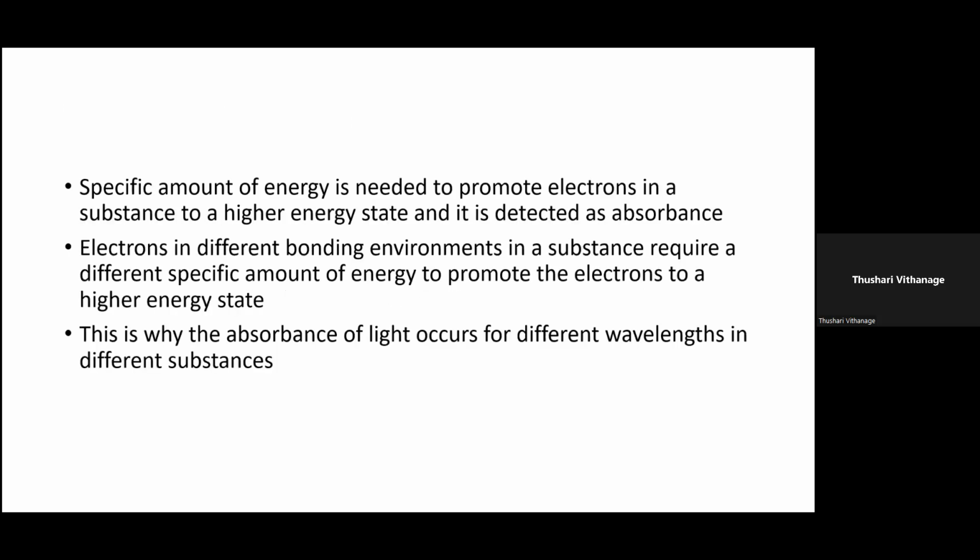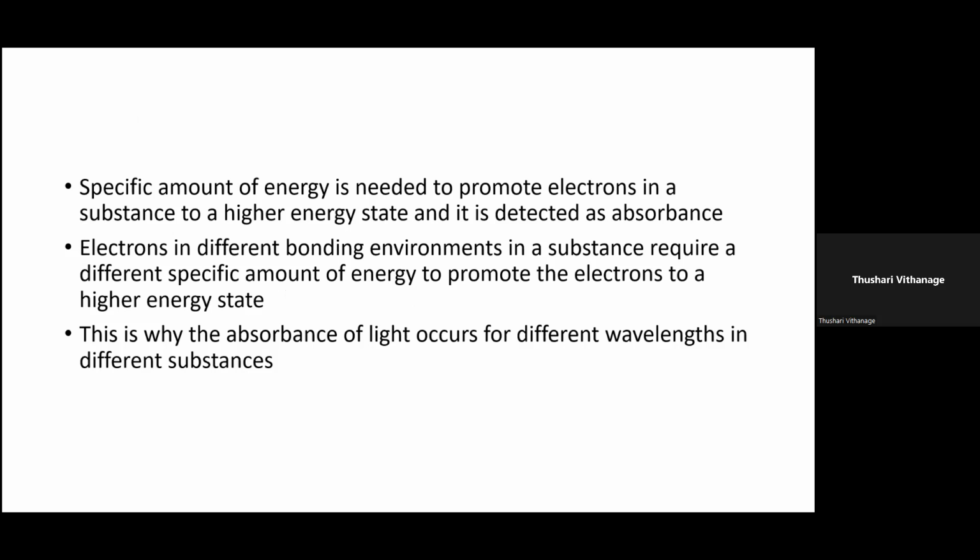A specific amount of energy is needed to promote electrons in a substance to a higher energy state, and it is detected as absorbance. Electrons in different bonding environments in a substance require a different specific amount of energy to promote the electrons to a higher energy state.